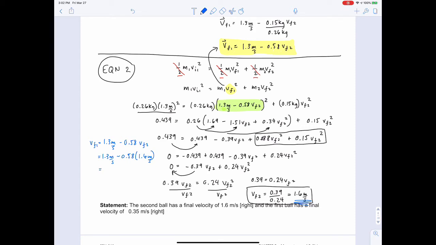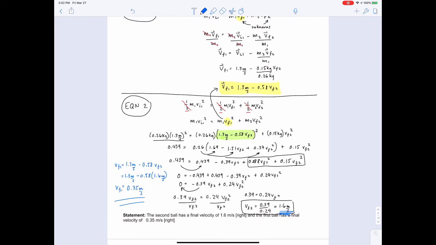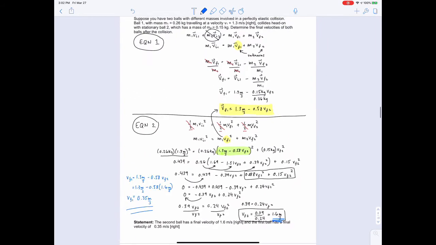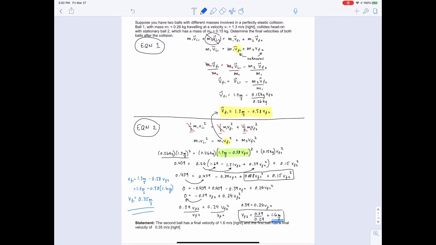If we punch this into our calculator, we end up with 0.35 meters per second. So the final velocity of billiard ball number 1 is 0.35 meters per second, and the final velocity of billiard ball 2 is 1.6 meters per second.